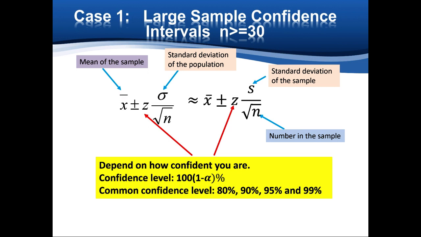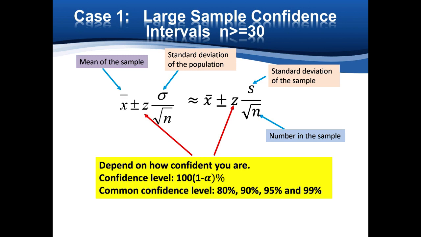However, most of the time, the population standard deviation is unknown, so we use sample standard deviation S instead. Here, z-score is based on how confident you are. Usually, the common confidence level will be 80%, 90%, 95%, and 99%.